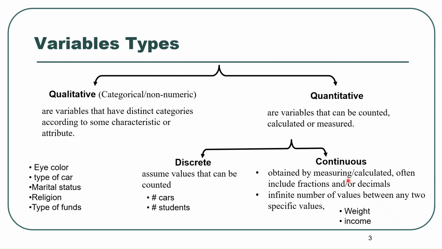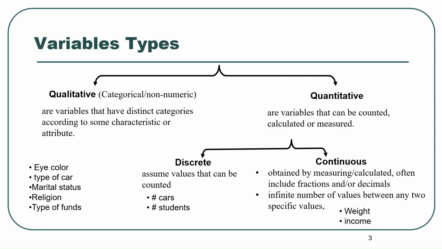Examples for continuous variable is weight, income, salary, area as a continuous variable that depends on measuring as well or calculated.